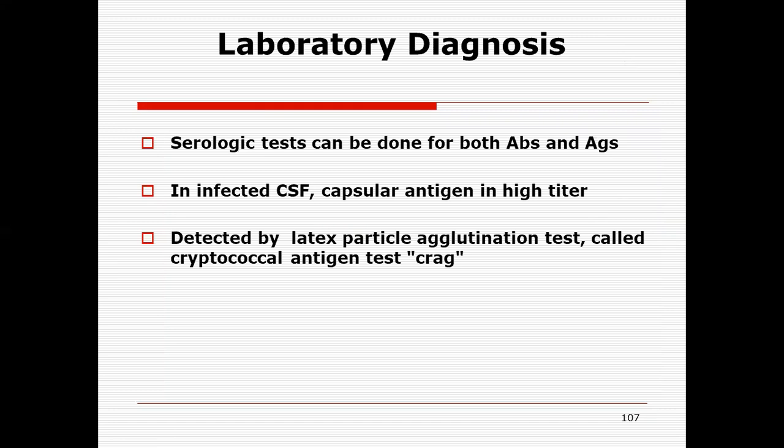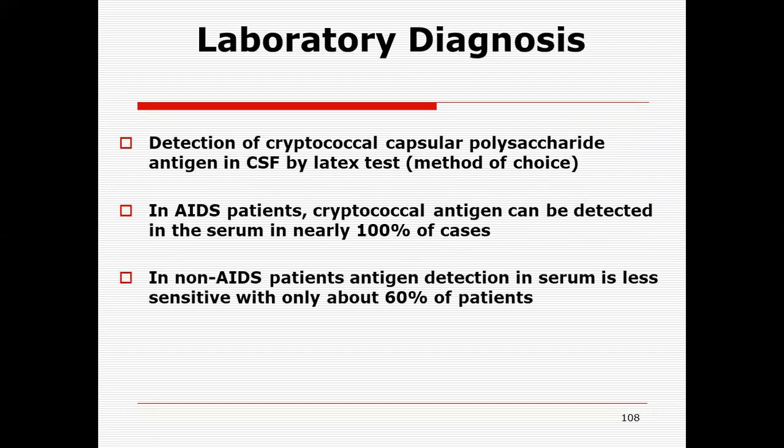This can also be detected with the help of a latex particle aggregation test, what we call the cryptococcal antigen test, a CRAG test: CR for Cryptococcus, A for antigen, G for antigen.